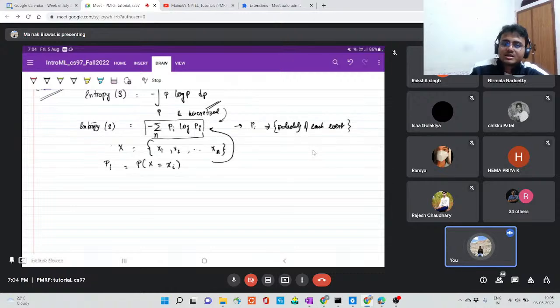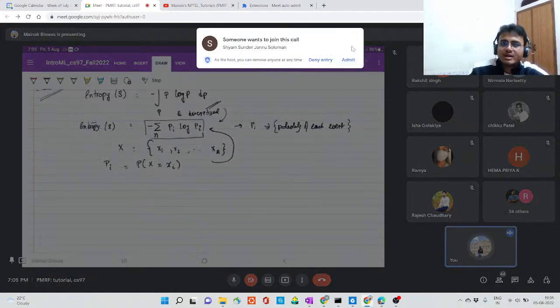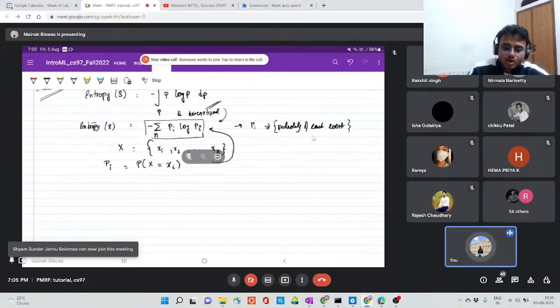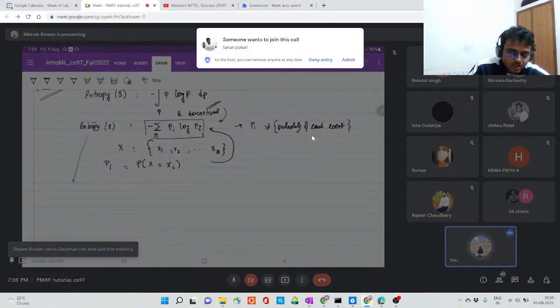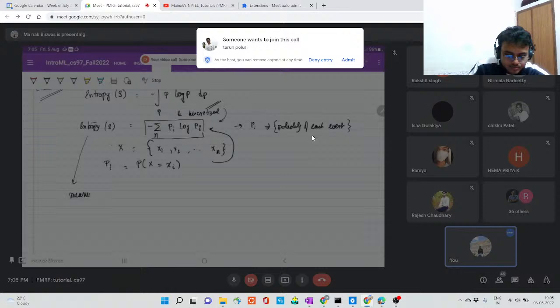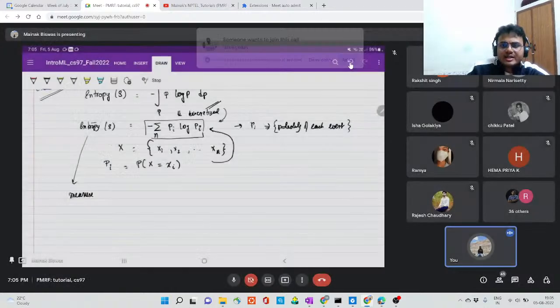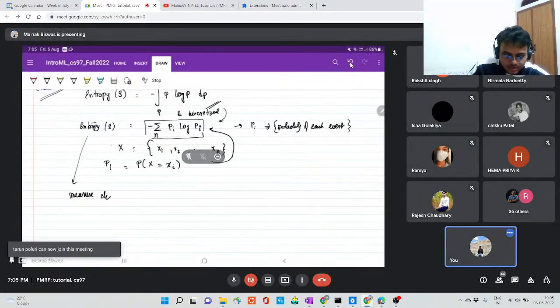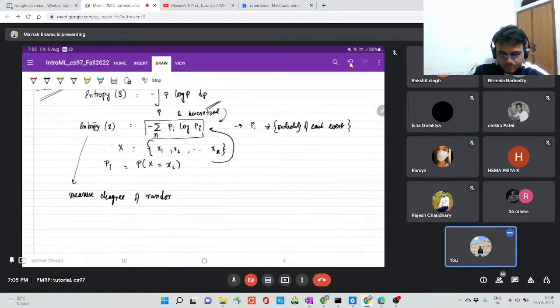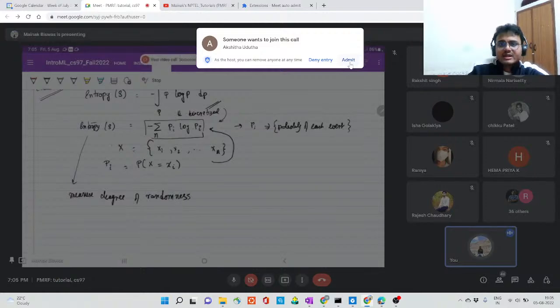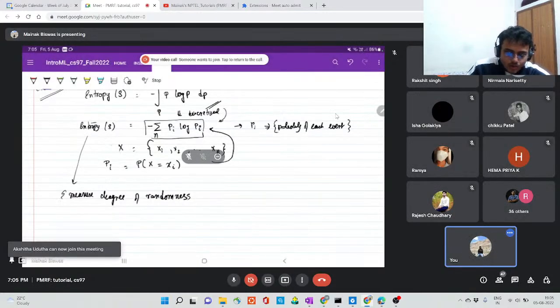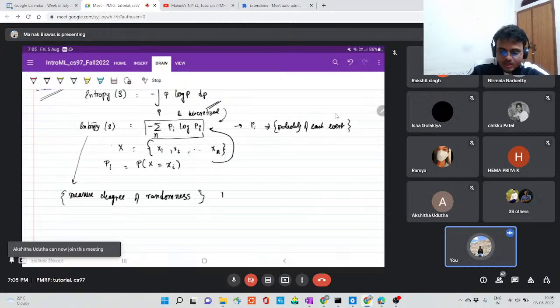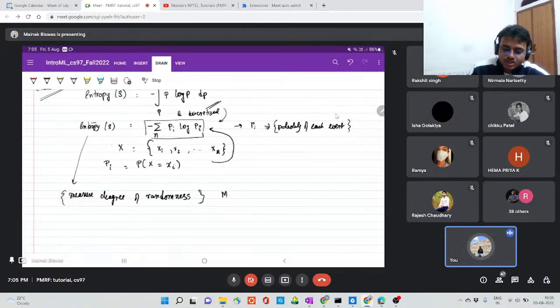In thermodynamics and information theory, entropy measures the degree of randomness. So whenever we define a function in information theory, the more the entropy, the more the randomness.